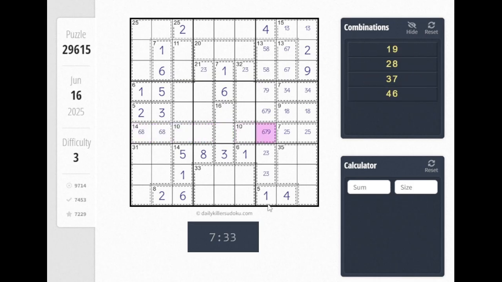That makes this 6, 8. Okay, so that was where my issue was. That wasn't a 7, 9 pairing. That's where my issue was.